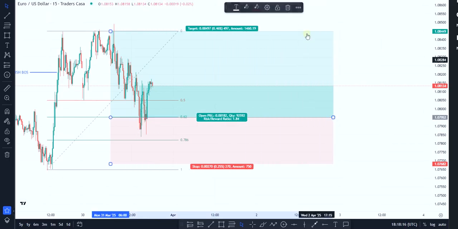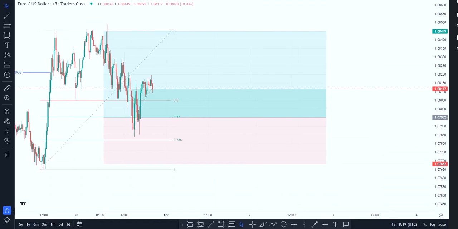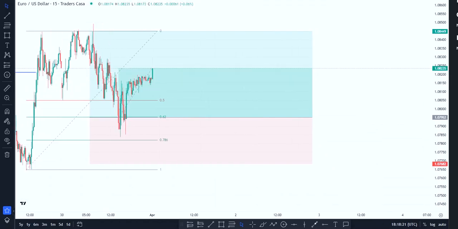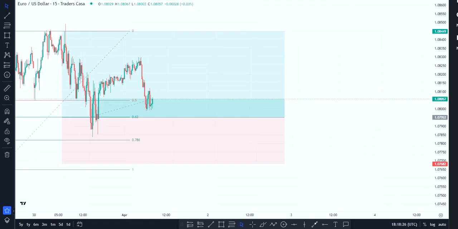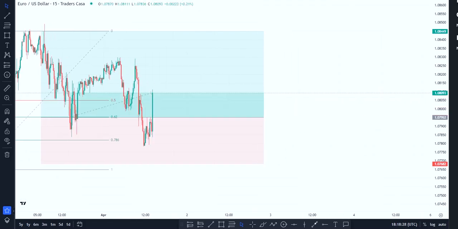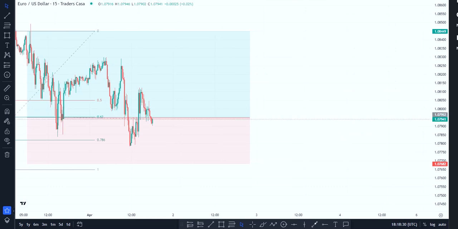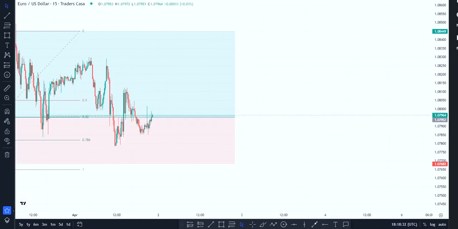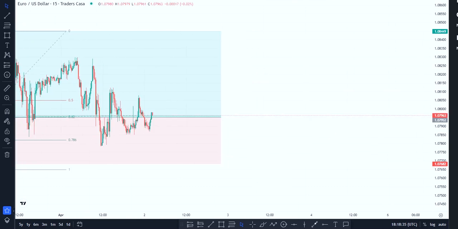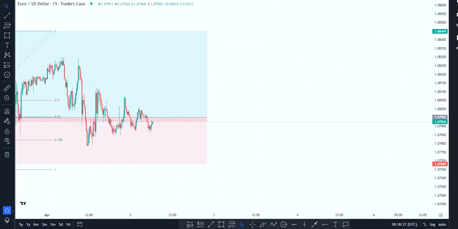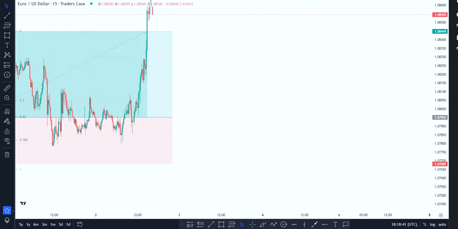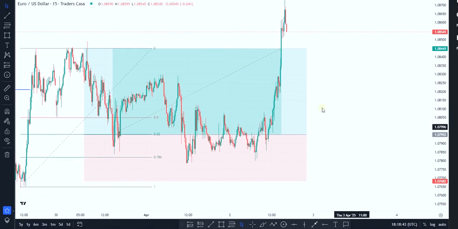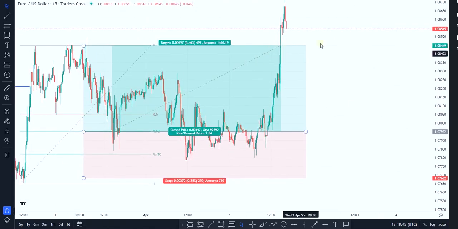Let's see how it plays out. Remember where we set our stop loss and take profit levels too, right? The market is moving, and boom, we hit our take profit level right here.